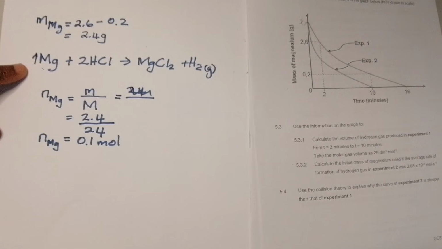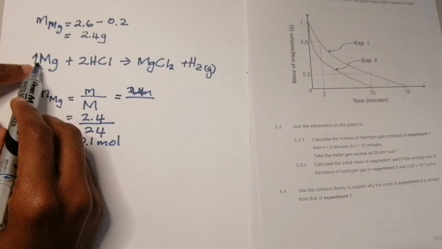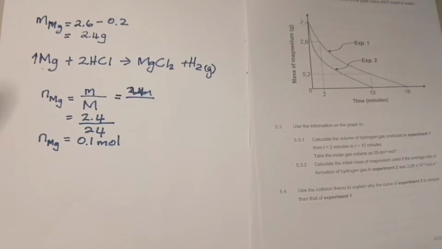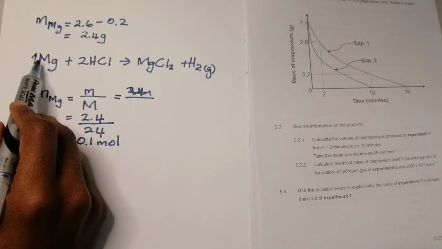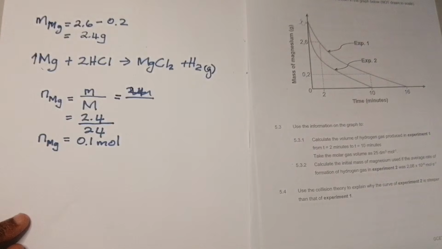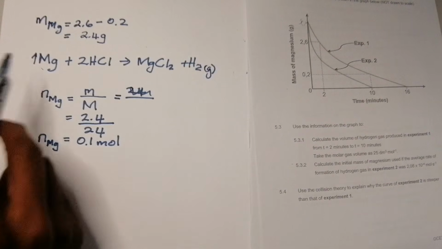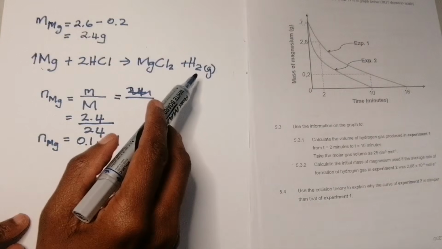So it simply means for any number of moles of magnesium that I use, remember you can only use moles with this. That's why I needed to find this out first. For any 1 mole of magnesium, I will produce 1 mole of hydrogen. If I've got 1, I produce 1. If I've got 10, I will produce 10.